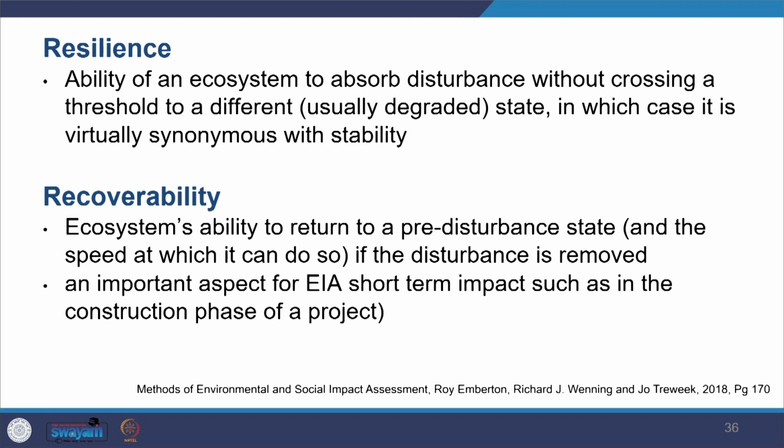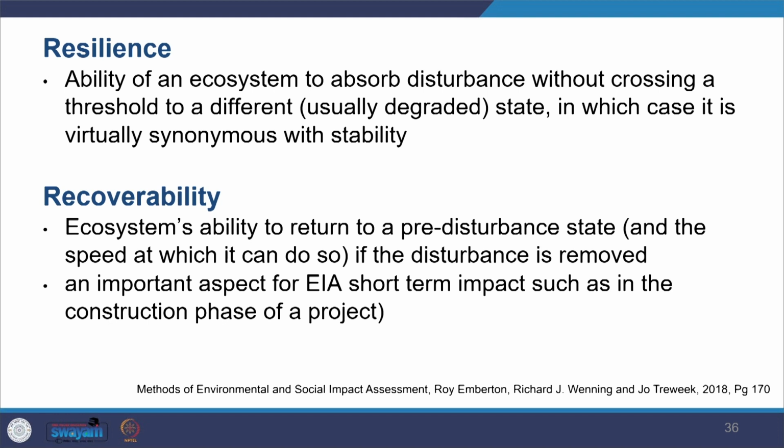Likewise, we see the term recoverability, which is the ecosystem's ability to return to its pre-disturbance state. So how well it can get back to that, and the speed at which it can do so. So how fast it can recover if the disturbance is removed.